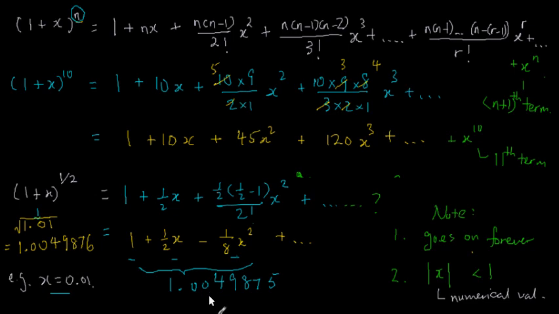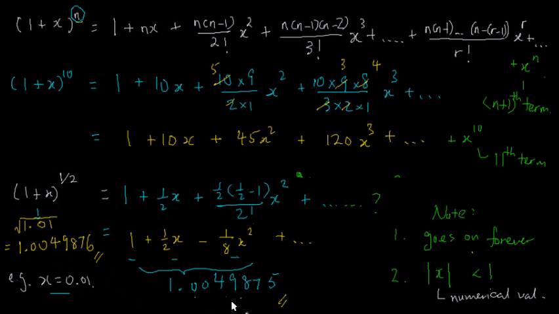And this is the value that I got by adding up just the first three terms in this binomial series. Now, if you compare this with this, you see that they are actually very, very close. See how many decimal places I've written? 1, 2, 3, 4, 5, 6, 7.